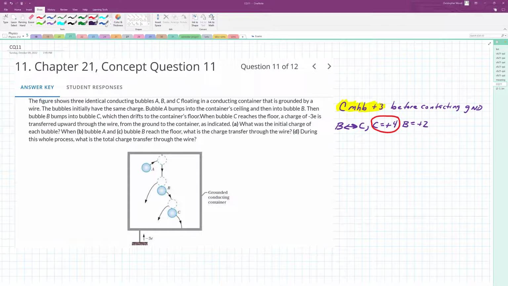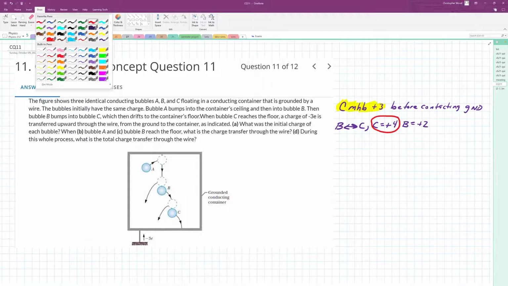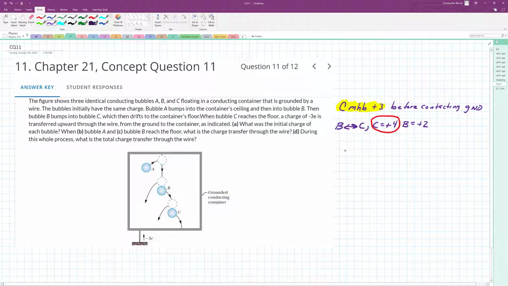Prior to contact with bubble C, bubble B contacted A. So bubble A and bubble B contacted each other prior to contacting bubble C, which means bubble B must have had a charge of positive 4.